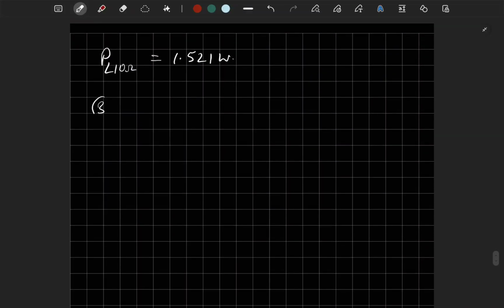Okay, now let's have another question. Let's just make up another question, 3. Compare power at max power load conditions.